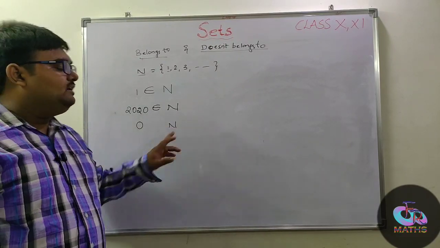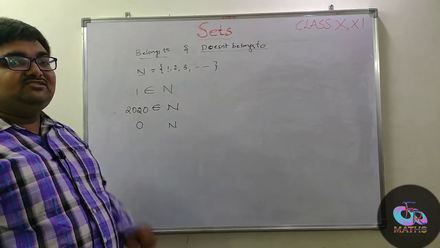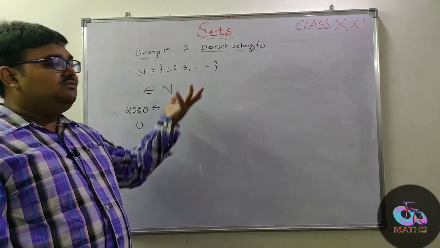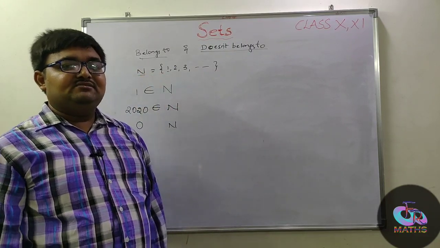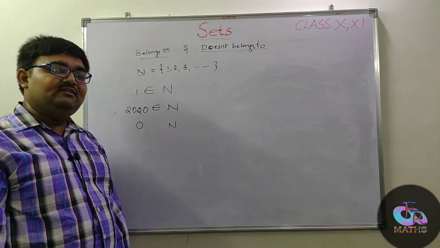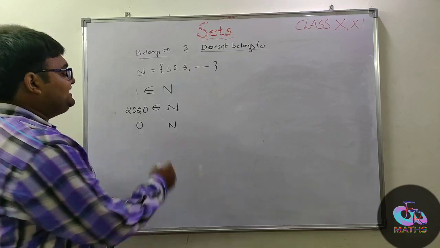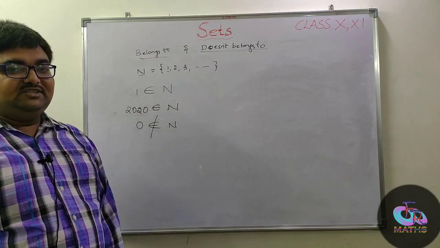Is element 0 present in the natural number set or not? There is no. Natural numbers start from 1. Clearly 0 is not an element of the set N. So 0 does not belong to the natural number set.